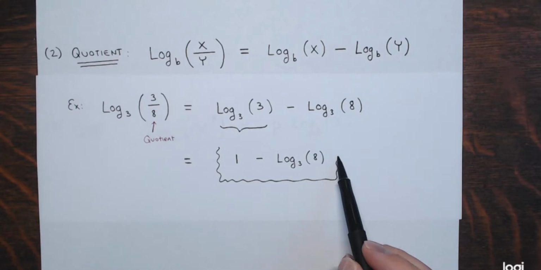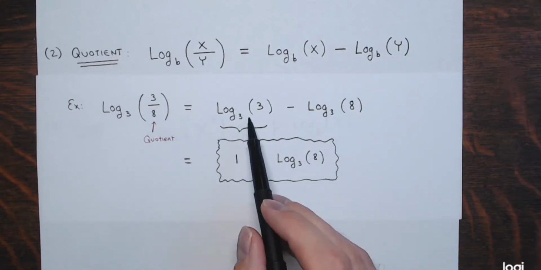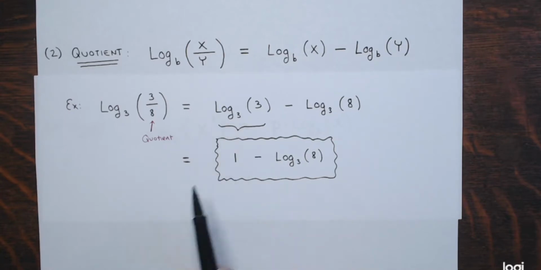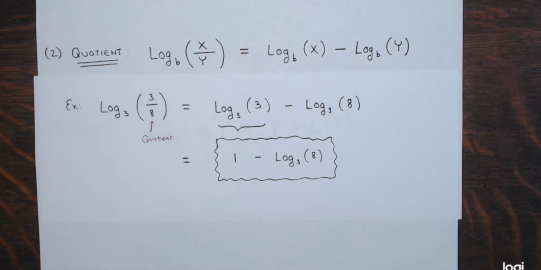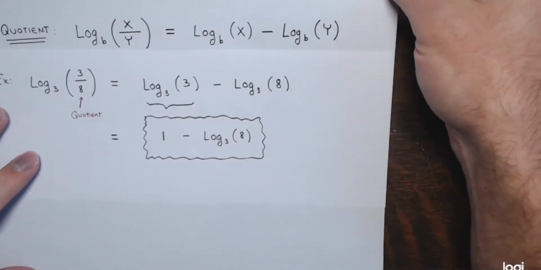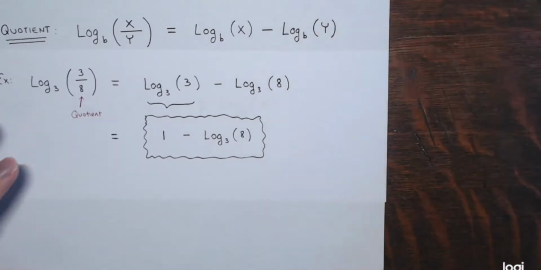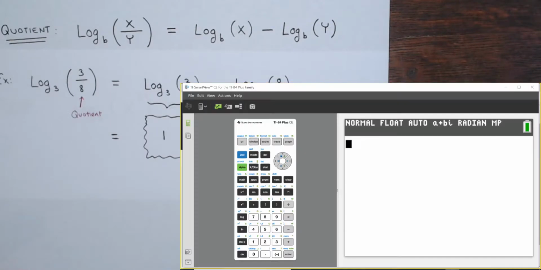Use the quotient property and then simplify any logarithms if you can, like the log base 3 of 3 here. Now we can also test this just to make sure that we believe it. I'm going to enter these expressions into my calculator, and we'll see that they are indeed the same value. I'll pull up a calculator here. I have a TI-84 Plus simulator. Again, you can use whatever calculator you wish.